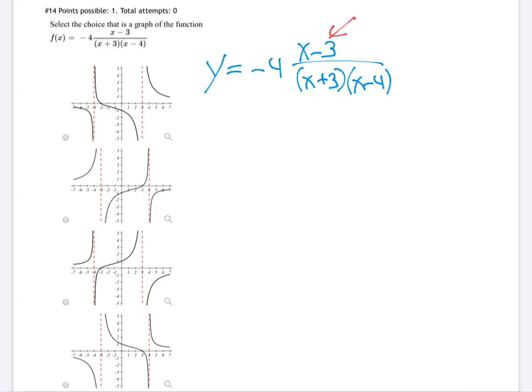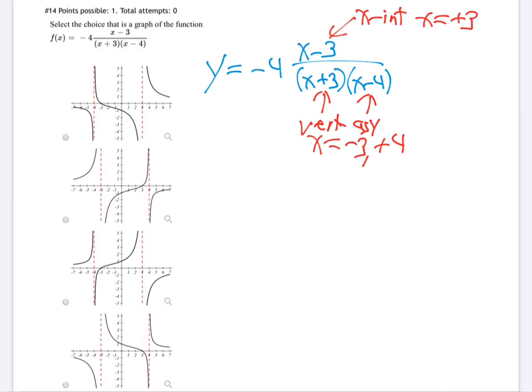That on the top, these are X-intercept points, right? Whatever makes the top 0 makes the whole fraction 0, makes y 0, so it's an X-intercept. And it's opposite, so x equals plus 3. The bottom, these are vertical asymptotes, opposite again, negative 3 plus 4.